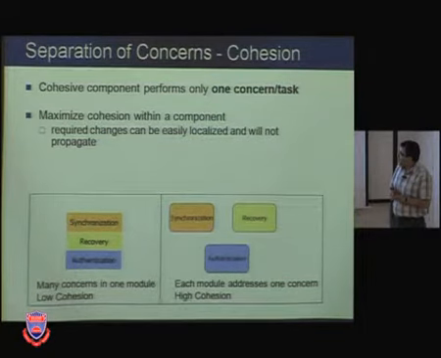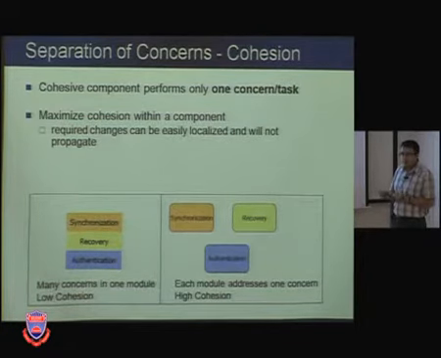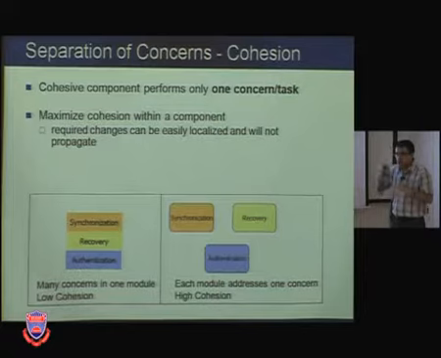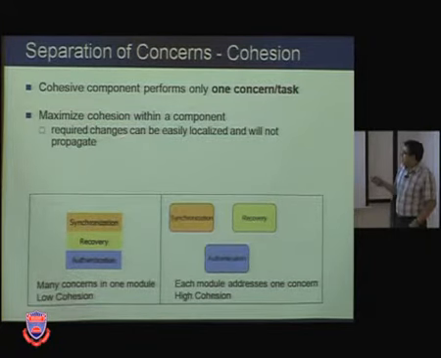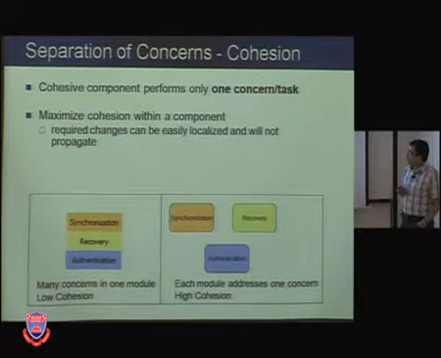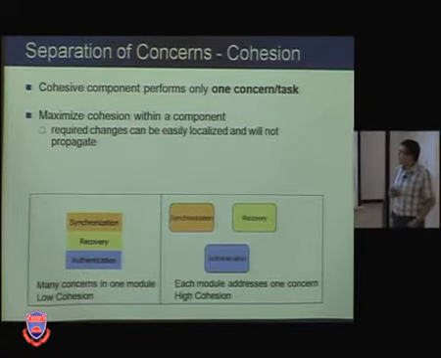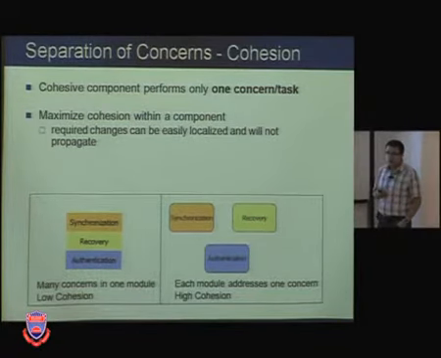What is our goal actually? We have to maximize cohesion within a component. The higher the cohesion is, the better it is for our system, because if there are some required changes, they can be easily localized and will not propagate. Okay?